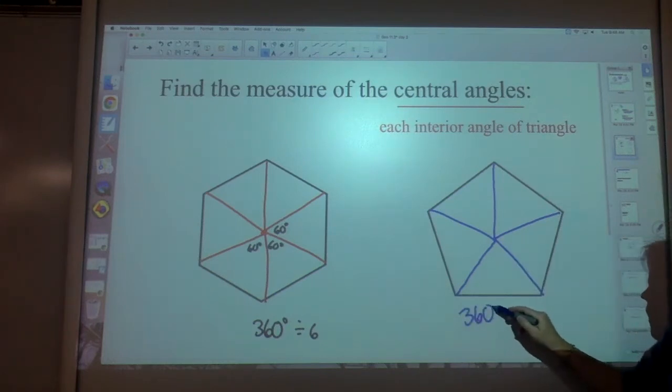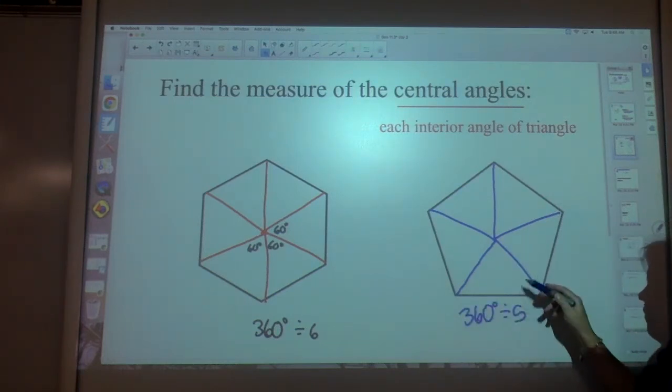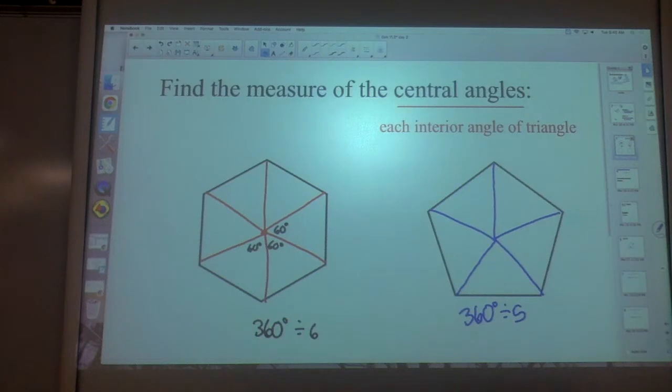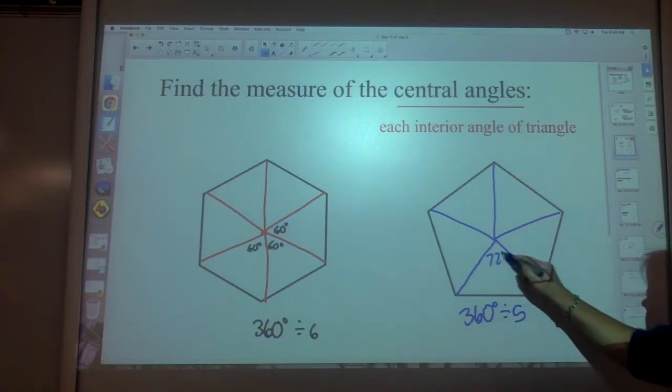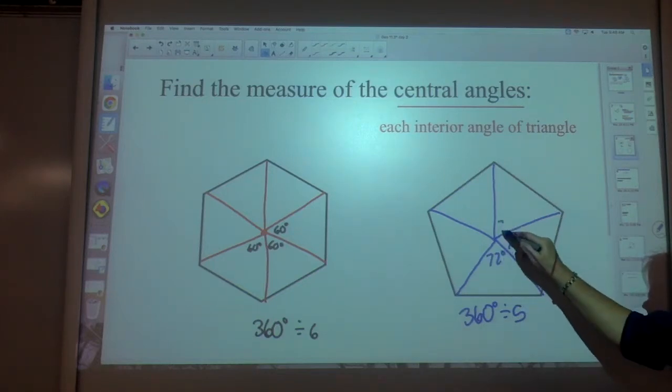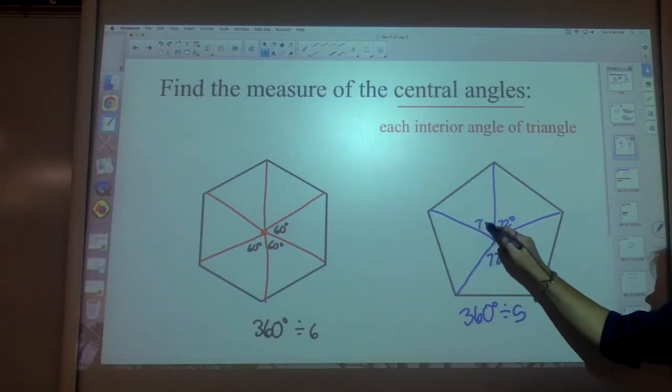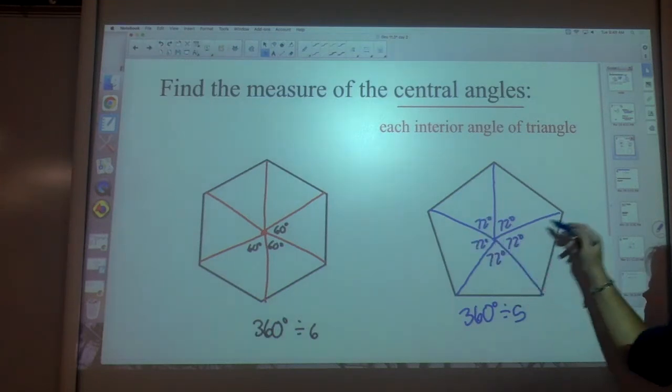So I'd have to take 360 degrees and divide it by 5 angles. 360 divided by 5 is 72 degrees. Notice it got bigger because the triangles got bigger. Each of those is 72 degrees, so that is a central angle.